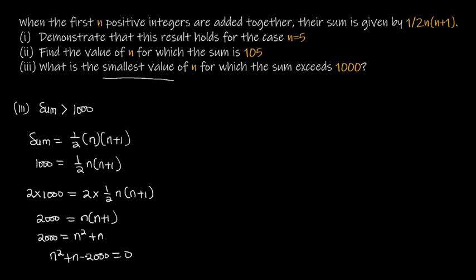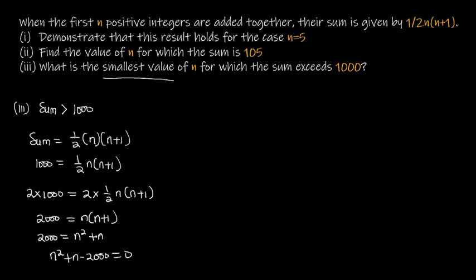Now if you look at this expression, 1 multiplied by negative 2,000 gives negative 2,000. But which two numbers will I multiply to get negative 2,000, and if I add them, I get a positive 1 n? Apparently there's no number that can give us this particular answer. So we are going to use another method.